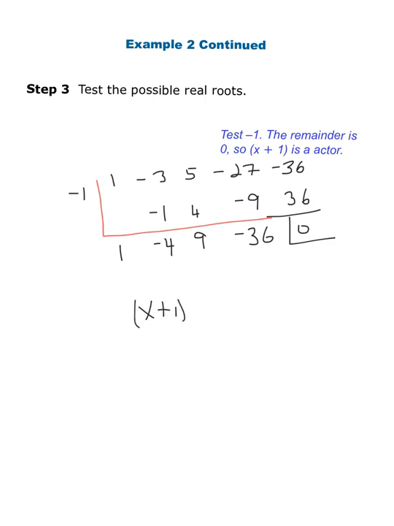And I'm going to write everything. See, all these are coefficients. So I go 1 degree down. So this is x to the power 3 minus 3x squared plus 5x.